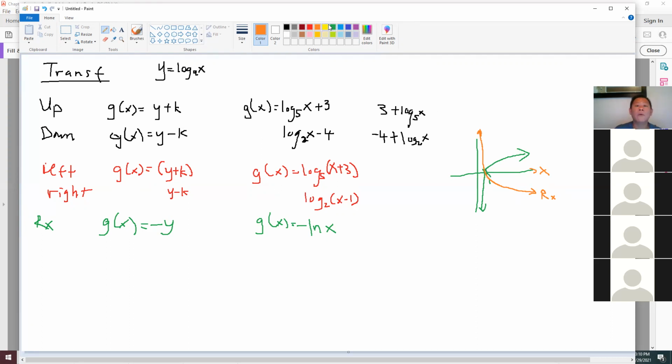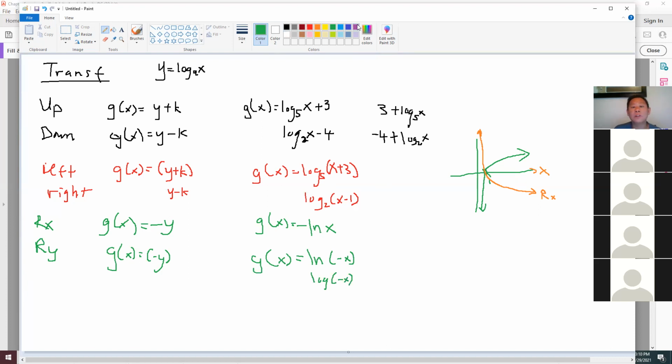Okay. We can also do reflections on the y-axis, where your negative is inside the log, or ln. Example in this case is ln of negative x or log of negative x. So if you have such things, then you will have a reflection on the y-axis.